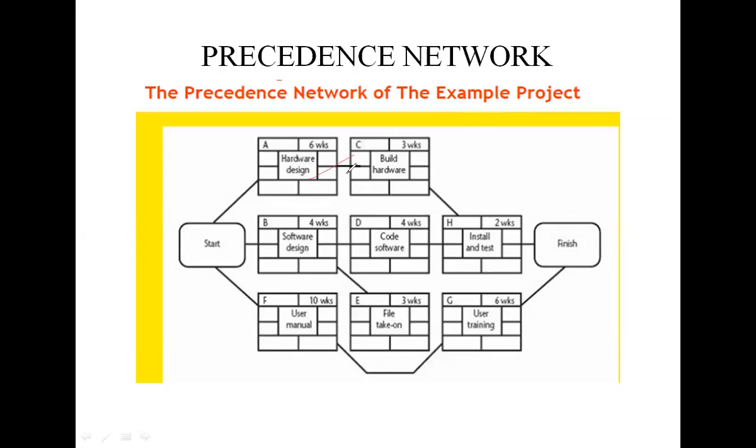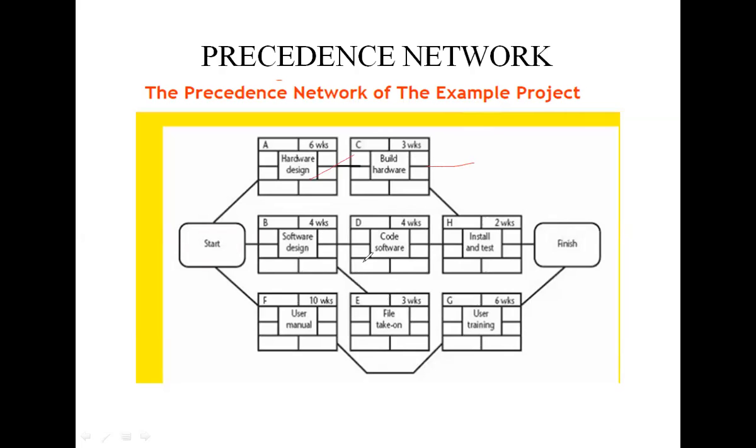So its earliest start date is 6 weeks. It will take 3 weeks to completion, so the earliest it can finish is 6 plus 3, 9 weeks. And activities D and E can start as soon as B is completed.